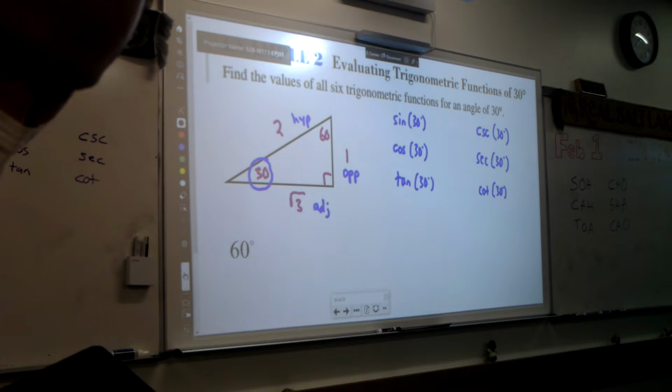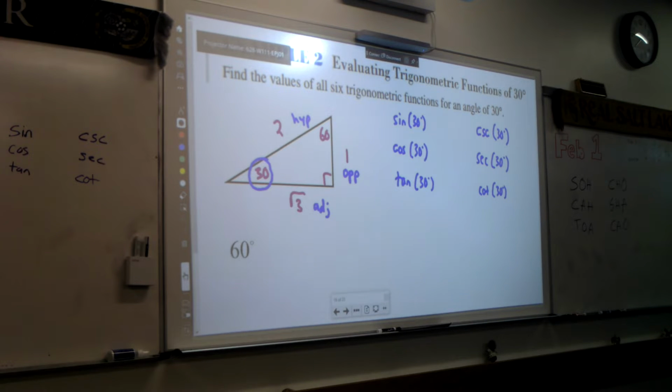All right. So Rayanne, what did you get for sine? Awesome. Cosine is Johnny. Great. And then tangent, Chloe. Great. Let's go to cosecant with Valerie. Yeah, that's great.